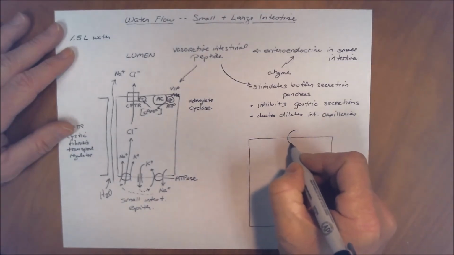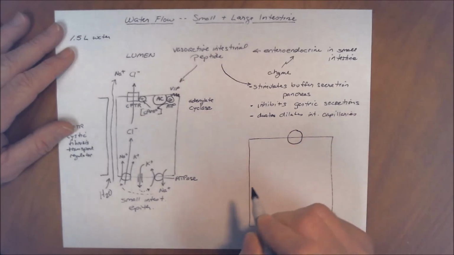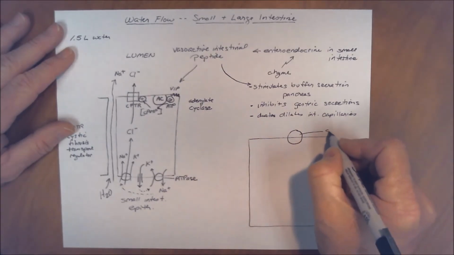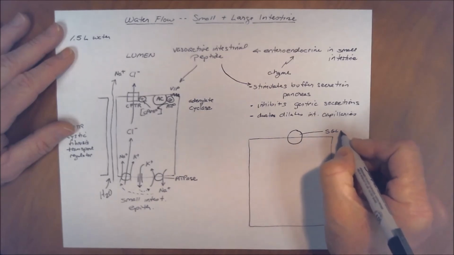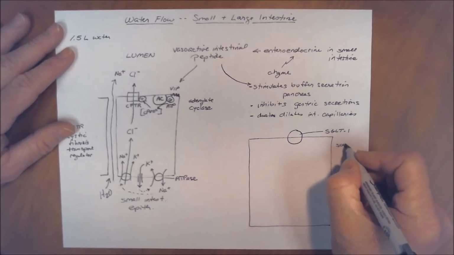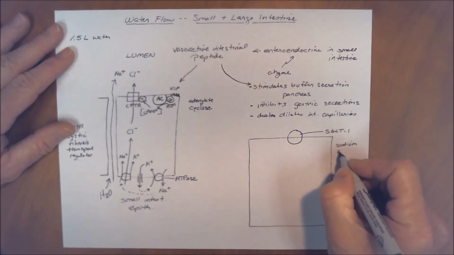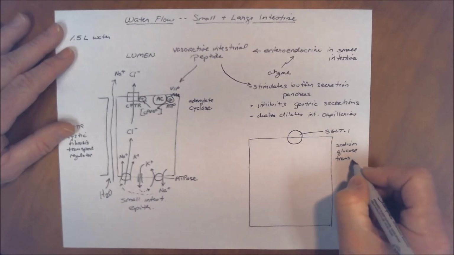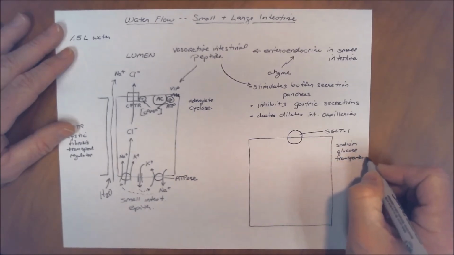So on the surface, we are going to have a transporter. This transporter is called SGLT1, which stands for sodium glucose transporter, type 1.